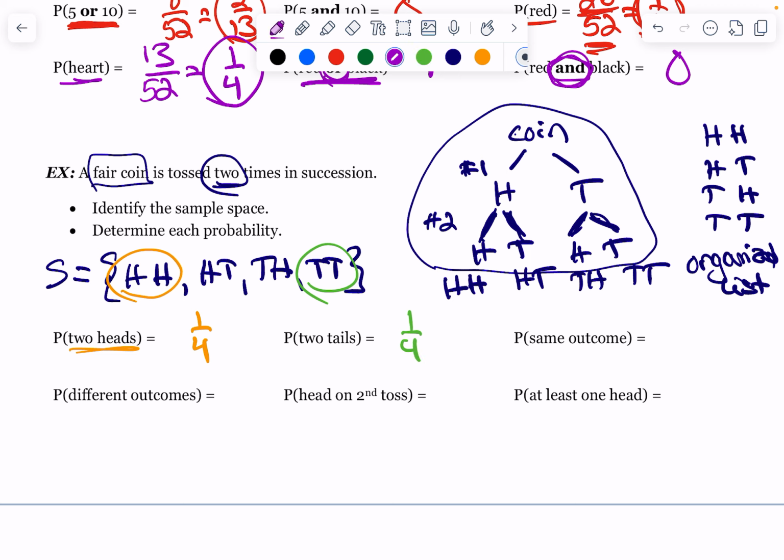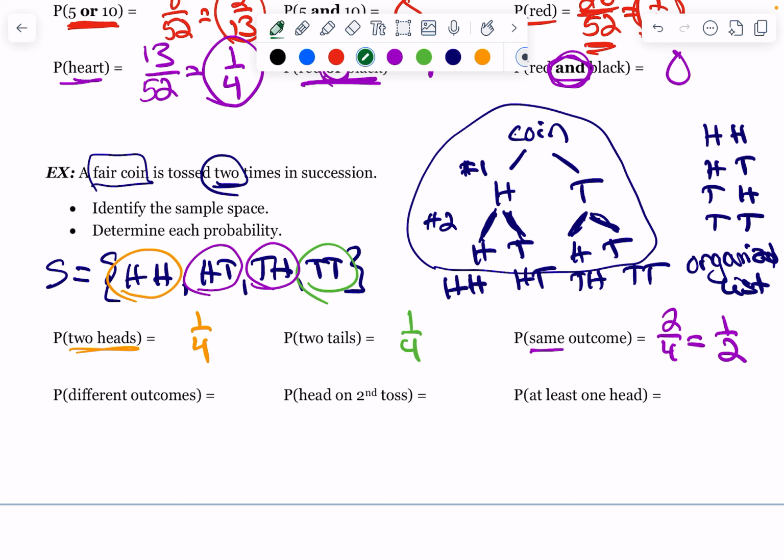Next is same outcome. So this means that it doesn't matter what order they are, it's just the same outcome, which means that heads or tails or heads, the outcome is the same. We have 1 heads and 1 tails. So we have 2 out of 4, which simplifies to a half.